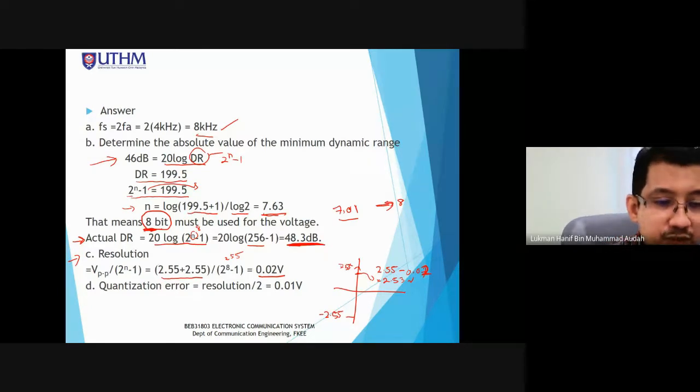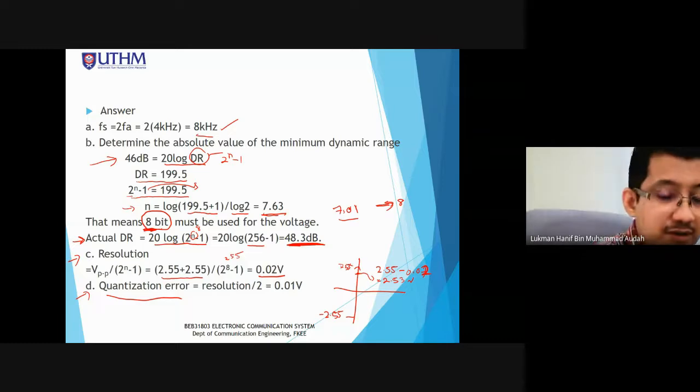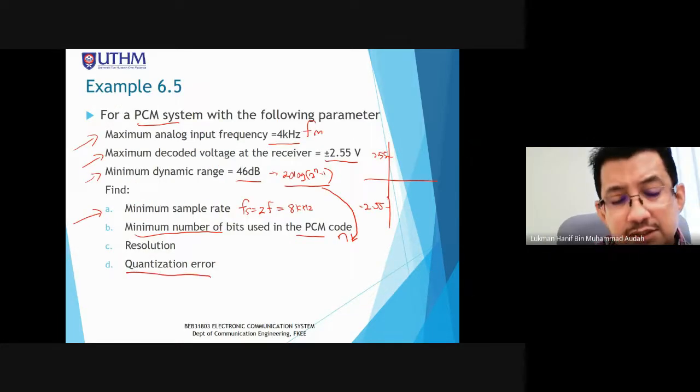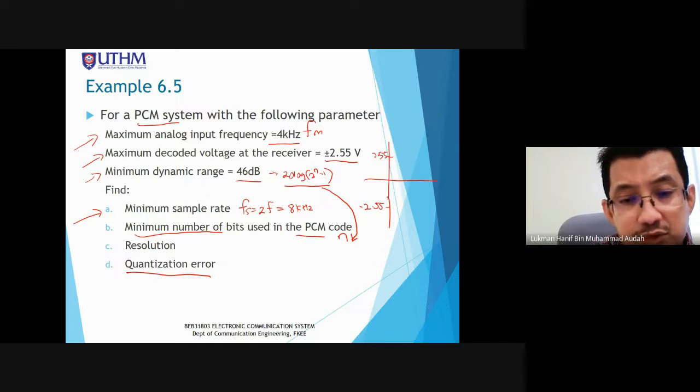So the last question asks for quantization error. How much is the quantization error? So kalau you lihat di sini, quantization error sepatutnya dia merujuk kepada setiap sampel. Okay.